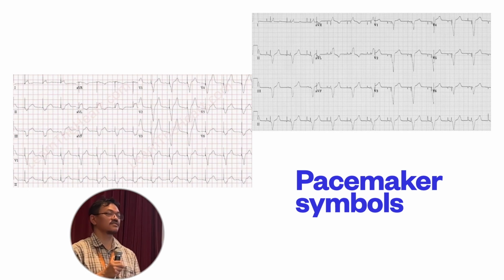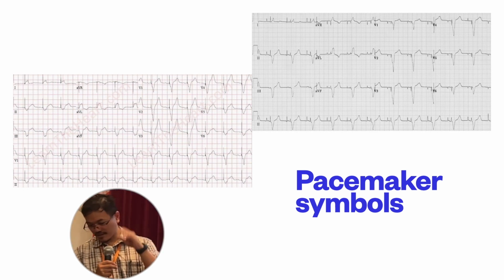The first letter is the pace chamber. So is it A? Is it V? Is it dual, D? And then after that, which one is the sense chamber? The same thing. And then the response. So forget the other 2 letters first. Let's go to the basics, which is the first 3 letters.